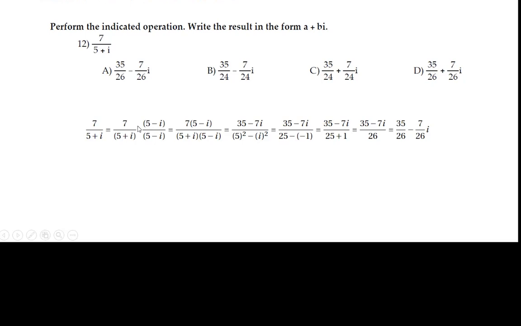That's distribution on the top. 7 times 5 minus I would be 35 minus 7I. On the bottom, we have 5 plus I times 5 minus I. Again, that sets up a difference of squares. 5 squared minus I squared. 5 squared is 25, minus I squared is defined as -1. 25 minus -1 is 25 plus 1, so we have 35 minus 7I over 26.